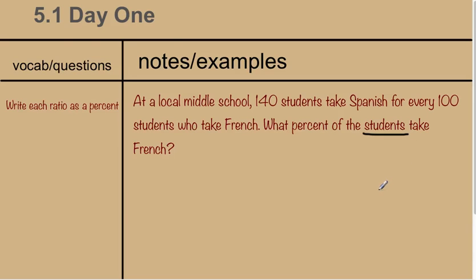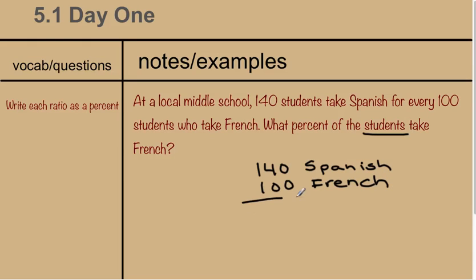Well, how many total students are there that we're talking about? We're talking about 140 who take Spanish, 100 who take French, and assuming those are the only two languages they have, there's a total of 240 students.